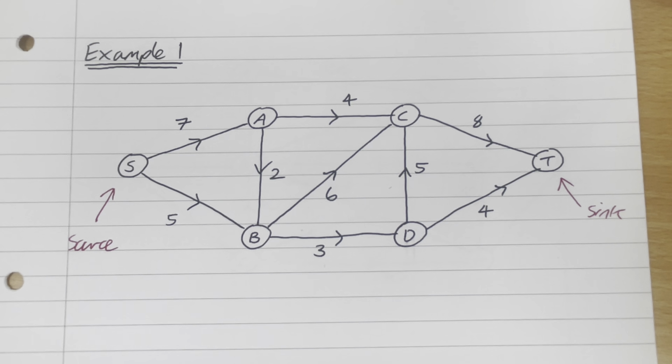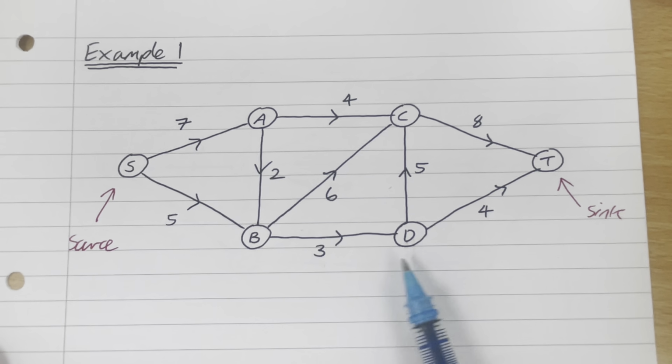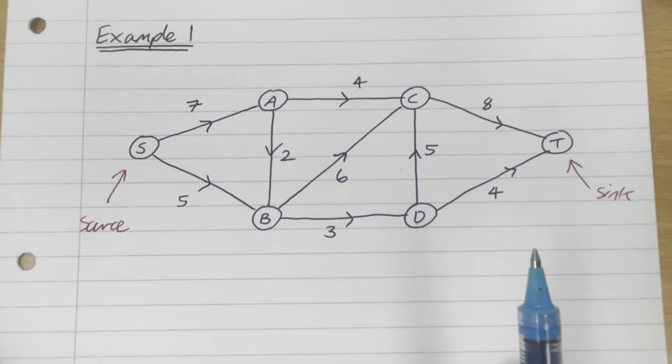But the augmented flow method will allow you to have a methodical way of finding a flow through a network. So what the augmented flow method does is you keep looking at the network and you keep adding flows through them. So I'm going to use a blue pen to represent my flows. At the moment there's no flows. All of these numbers are the pipe capacities. That's the maximum amount of flow I can have per pipe.